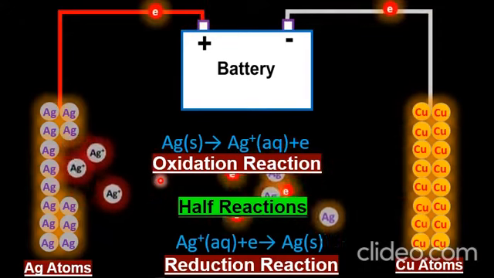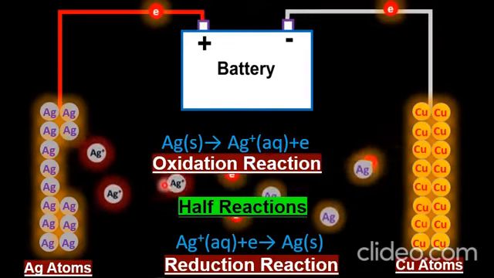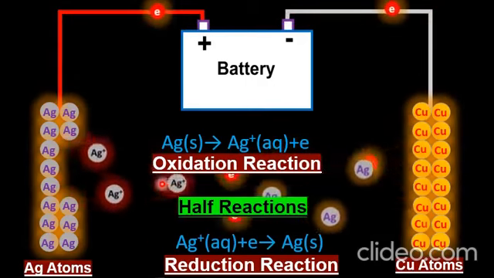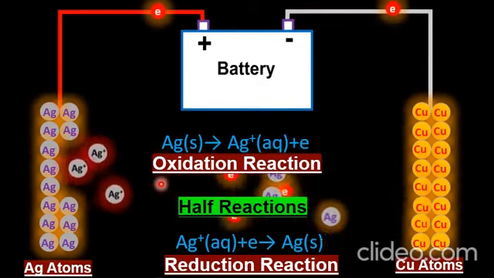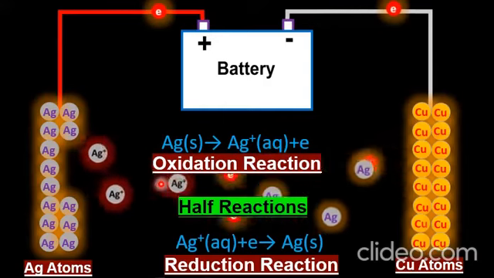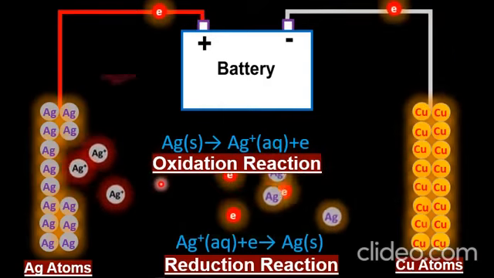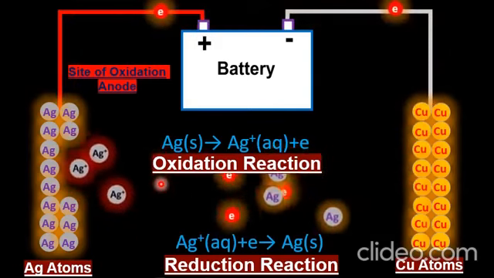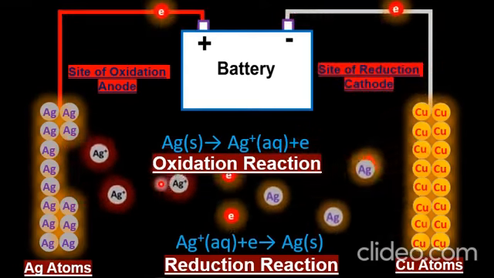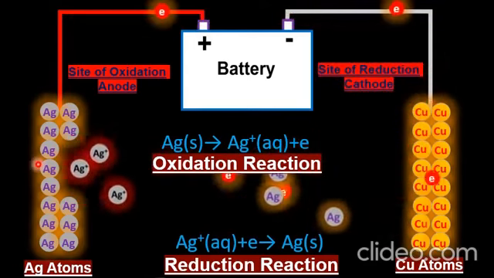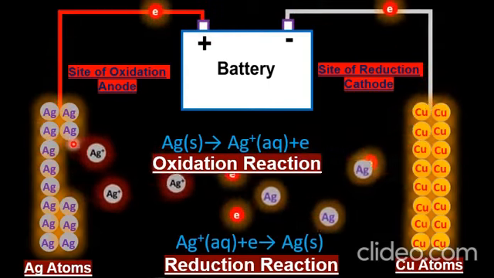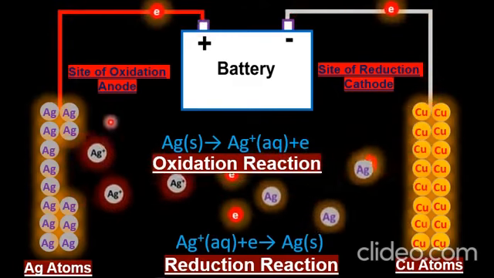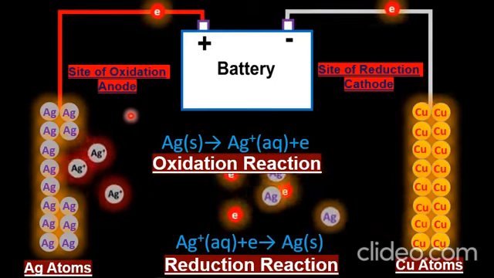The site of oxidation is known as the anode, whereas the site of reduction is known as the cathode. So in electroplating of silver on the surface of a copper metal plate, the silver side acts as the anode, whereas the copper side acts as the cathode.